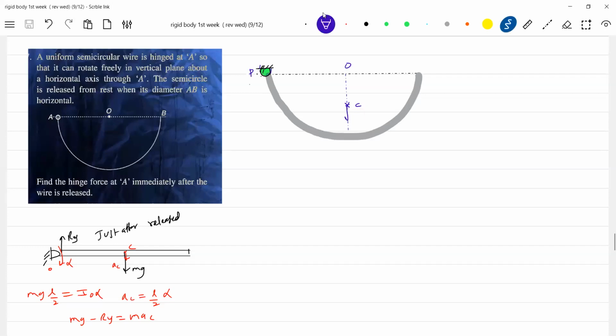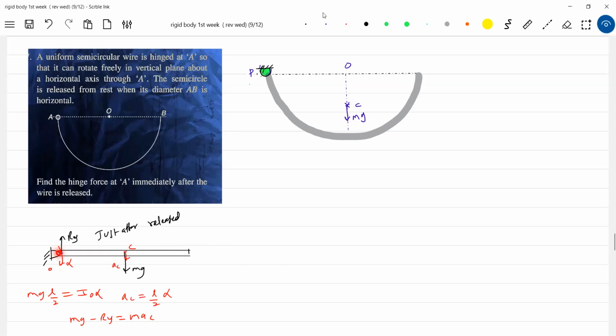Weight of this will be mg. Here, why is there no reaction along the x-axis? That's a primary question. If you can ask, problem solved. No force along the x-axis, because there is no other body to pull this rod radially outward or push this rod radially inward. If I give angular velocity, there'll be reaction.